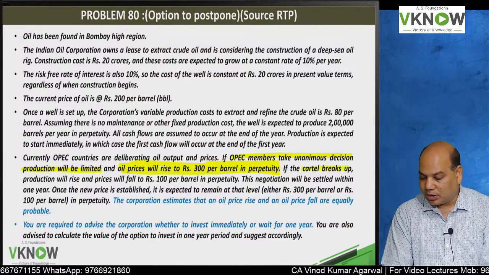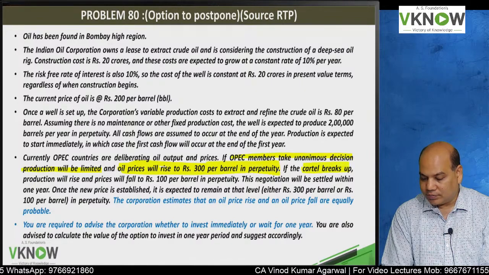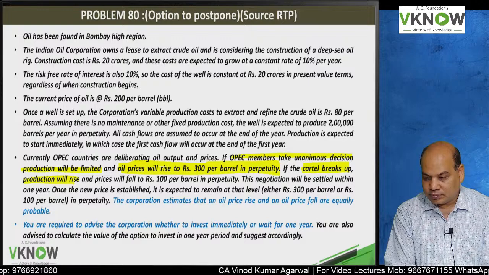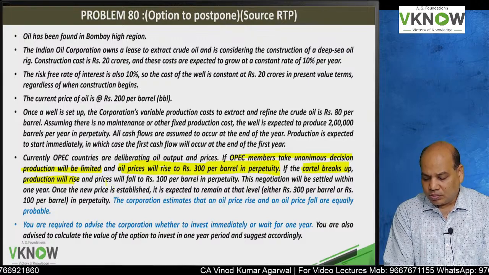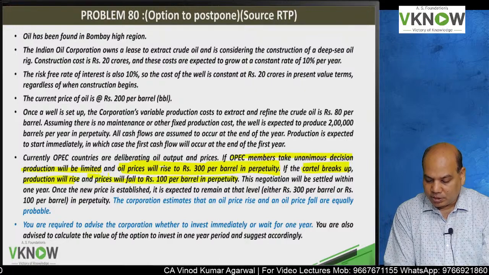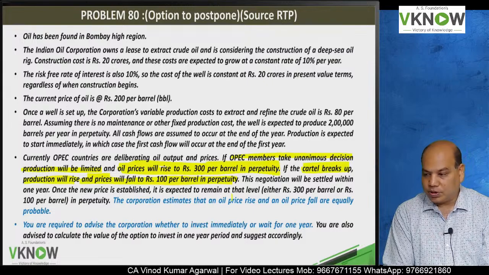If the cartel breaks up, means they don't agree, production will rise and price will fall to 100 rupees per barrel in perpetuity.